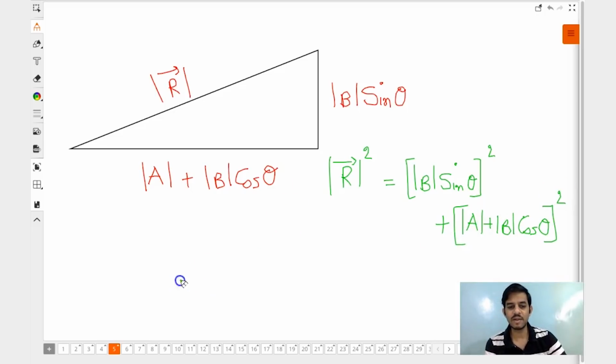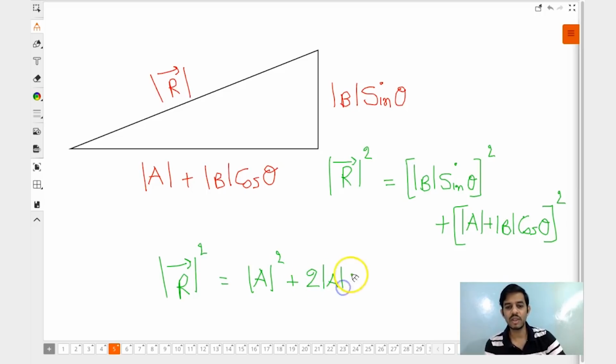So quickly expand it. Mod R square will be equals to mod of A square plus 2 mod A mod B cos theta plus mod B cos theta whole square plus mod B sin theta whole square.